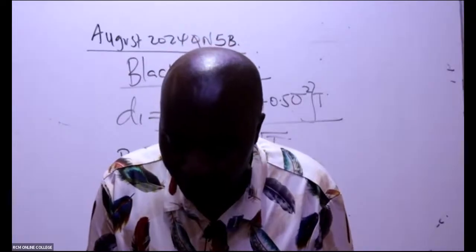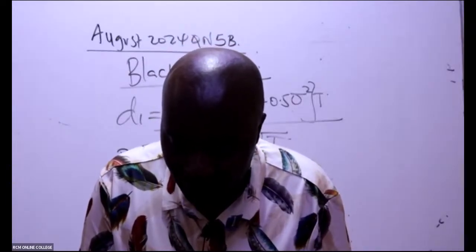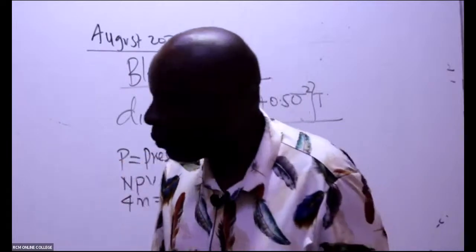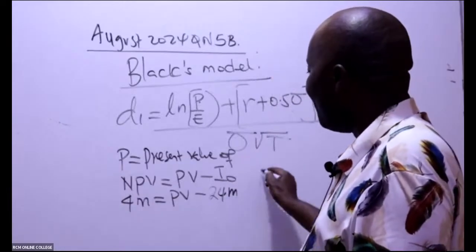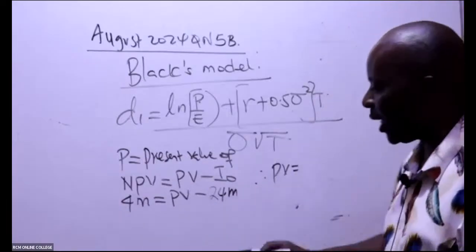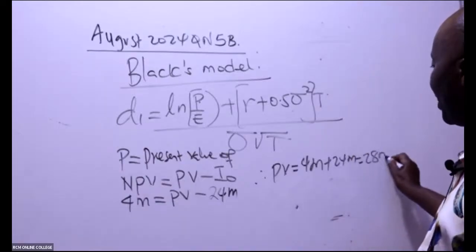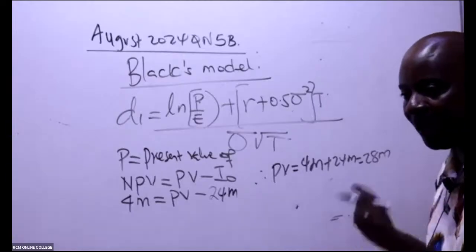It's given there that it has an option to acquire land in Mua Green's estate at an agreed price of 24 million. Meaning, ladies and gentlemen, that our PV will be, taking this to the other side, 4 million plus 24 million, which gives us 28 million. PV will be 28 million.